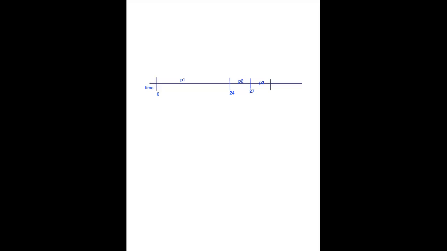Now, consider all three processes arrived at exactly time 0, but the order is P1, P2, P3. What is P2 doing from 0 to 24? What is process P2 doing while P1 is being executed?